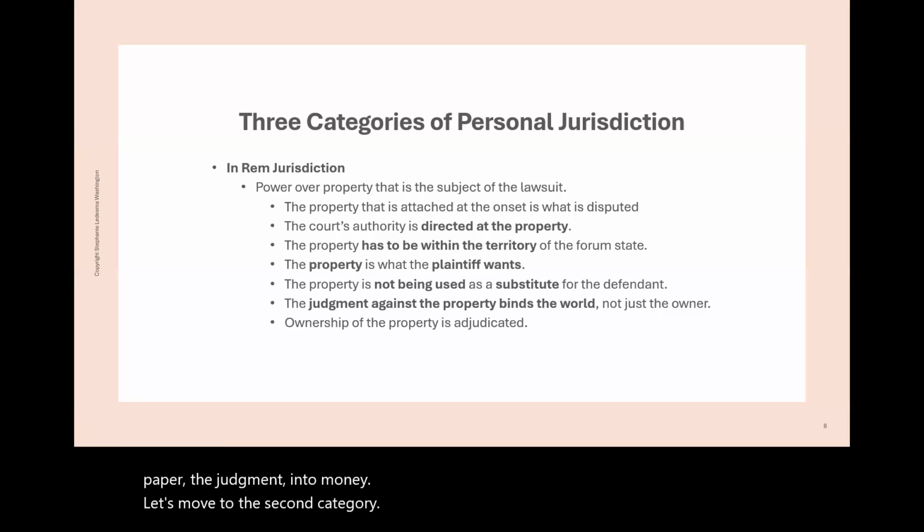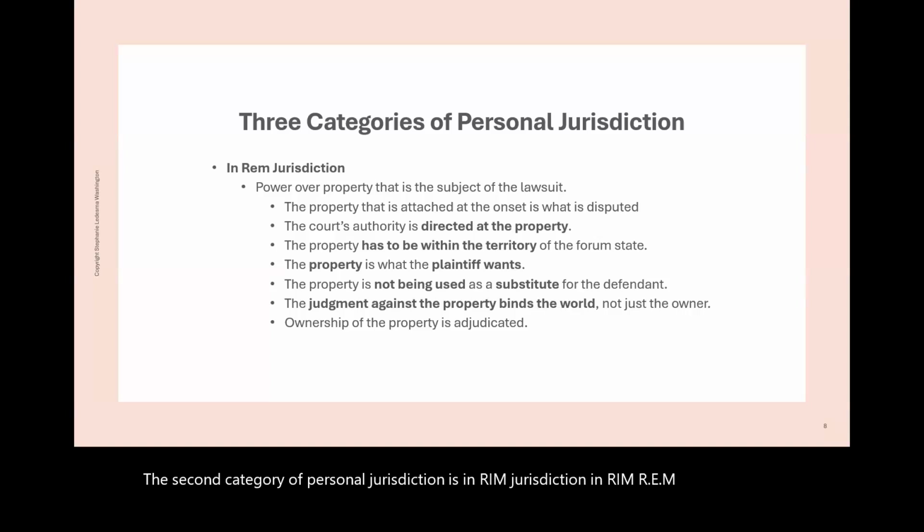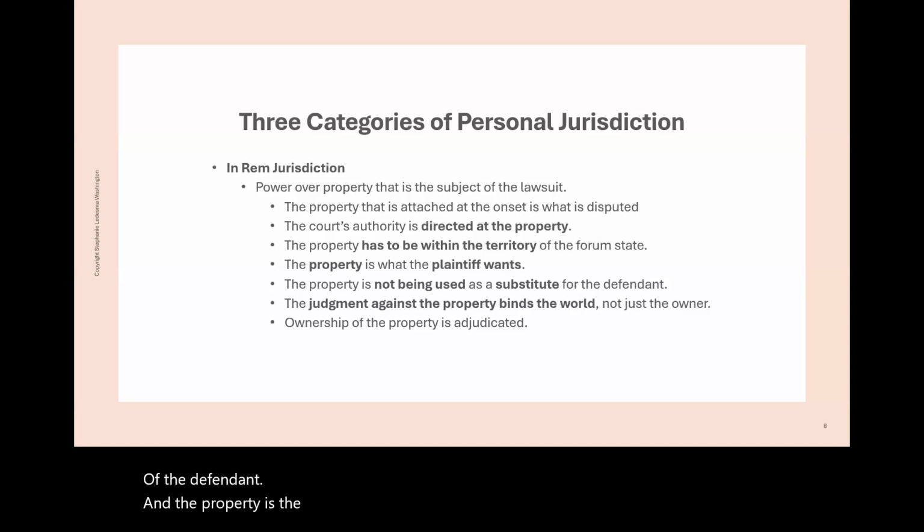The second category of personal jurisdiction is in rem jurisdiction. In rem, R-E-M, jurisdiction. It's defined as the court's power over property that is subject to the ownership of the defendant, and the property is the subject of the lawsuit.